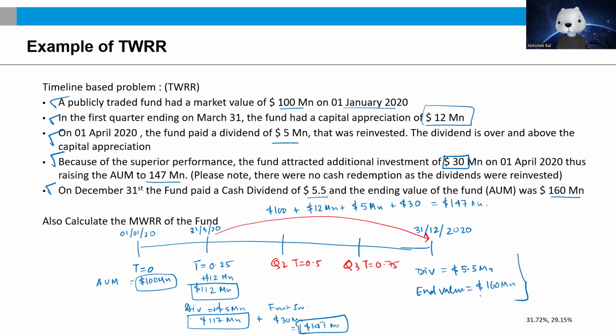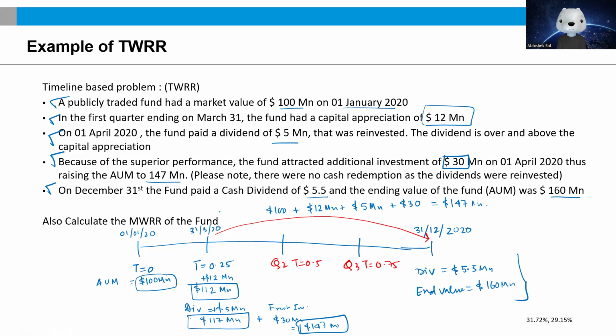All right. So given this scenario, we are being asked to calculate the TWRR and also, if possible, calculate the MWRR as well. How to do it?